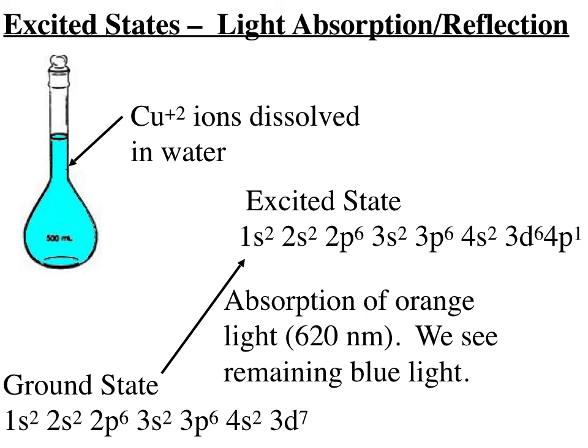So in the ground state of copper, I would have populated the lowest available orbitals. I would begin 1s2, 2s2, 2p6, go to 3s2, 3p6, 4s2, and 3d7. That's the ground state of copper +2.